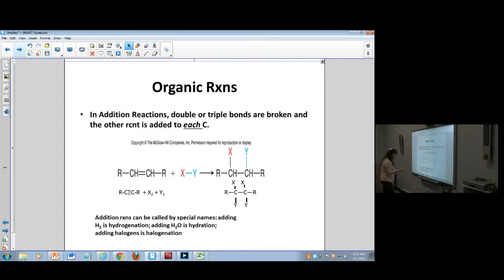So one of them is addition reactions. In those, you need a double or a triple bond, and that double or triple bond is broken, and each carbon at the double bond gets something added to it.